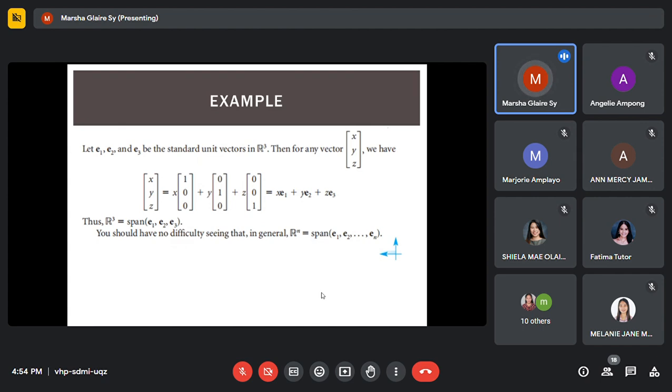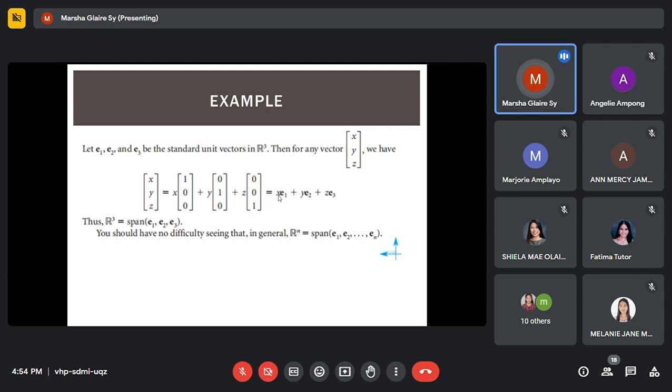And we have here another example. Let e1, e2, and e3 be the standard unit vectors in R3. Then for any vector (x, y, z), we have x is (1, 0, 0), plus y is (0, 1, 0), and z is (0, 0, 1), sorry.